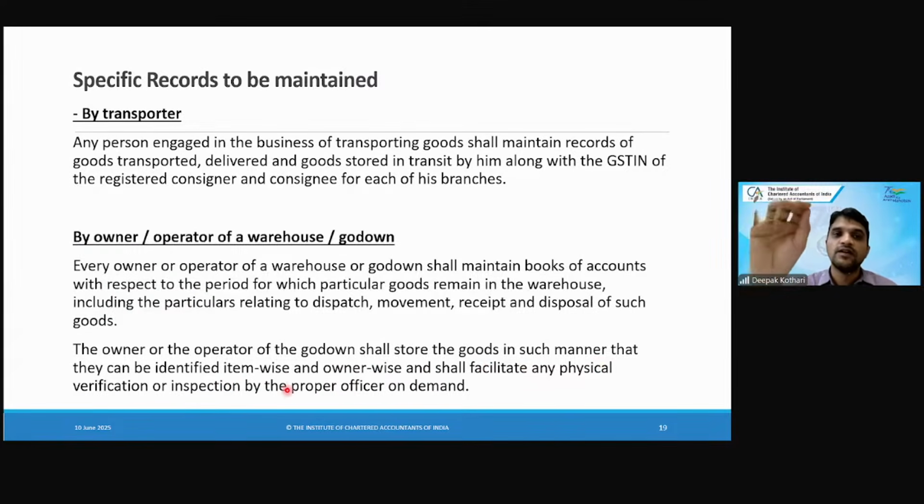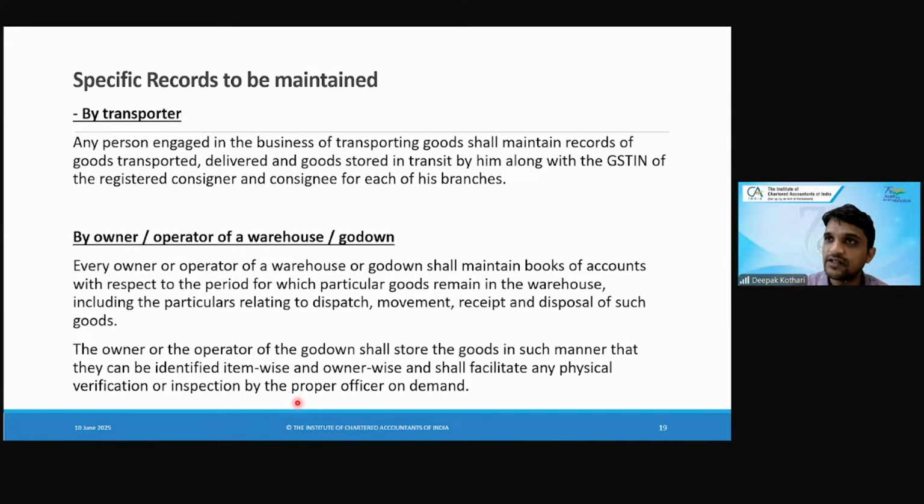They should maintain the records in such a manner that item wise and owner wise you can distinguish. So if there is, like, an Amazon godown, the Amazon warehouse is so huge that hundreds of sellers keep their goods there. They have to keep separate bifurcation saying these goods belong to seller A, the second rack belongs to seller B, then seller C. For each seller, they have to maintain a separate place and shall facilitate any physical verification or inspection by the proper officer.